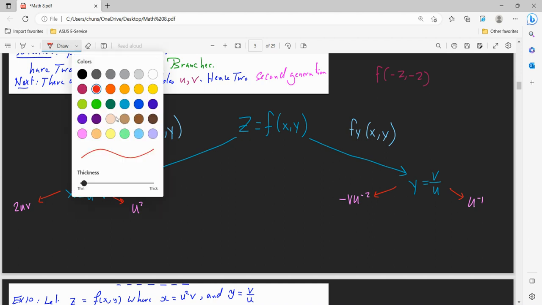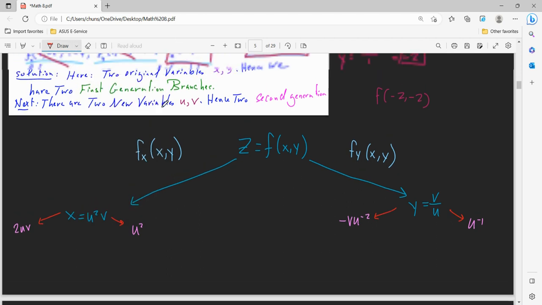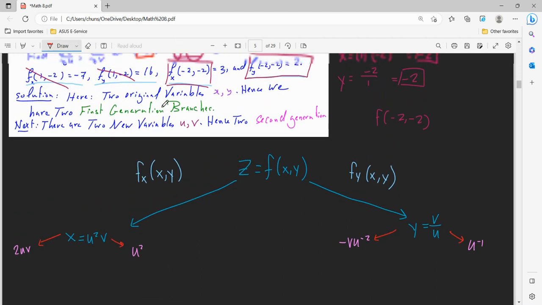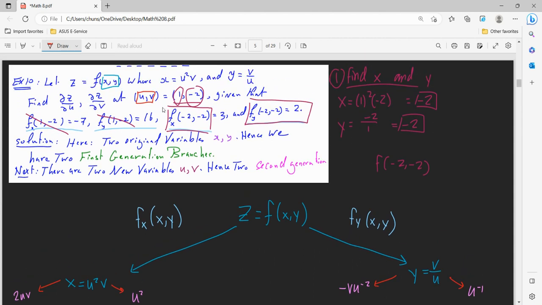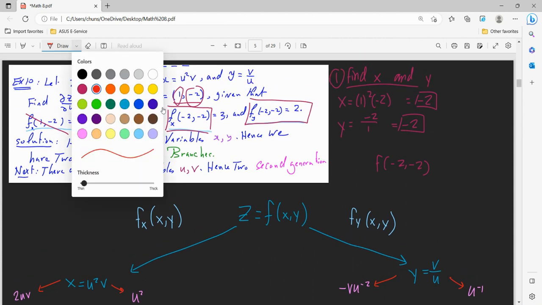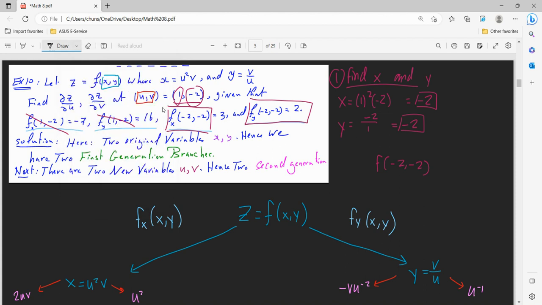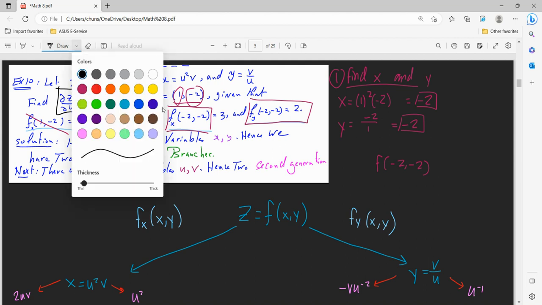Sorry, I'm just doing this to free up some space. So we want to find, let's just focus on this one right here. So this is dz du. I'll let you guys do dz dv on your own after we do this first one.